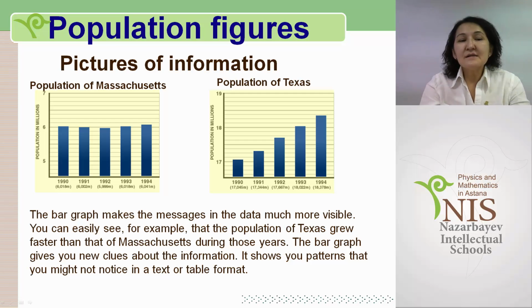And you can easily see that a bar graph makes the messages in the data much more visible. You can easily see, for example, that the population of Texas grew faster than that of Massachusetts during those years. The bar graph gives you new clues about the information. It shows you patterns that you might not notice in a text or a table format.